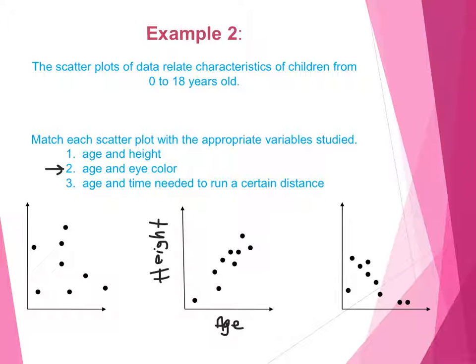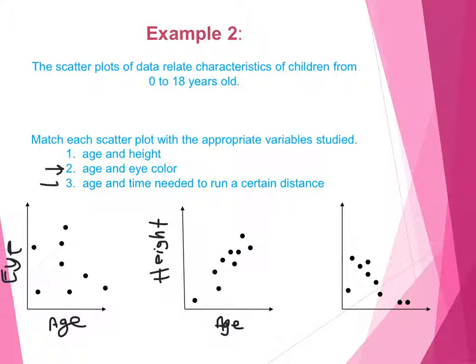But typically your eye color, you can't increase or decrease a quality. That only changes. Eye color changes. It doesn't get bluer or less blue, or browner or less brown, per se. So you really can't have that kind of relationship. So then that would be this one, this no correlation, where we talk about comparing our age to our eye color.